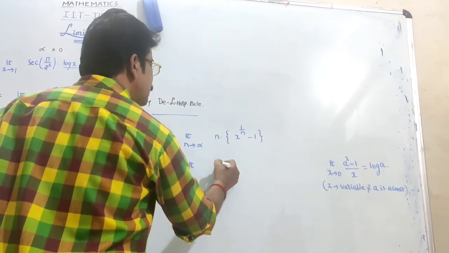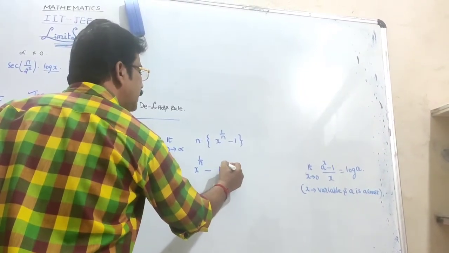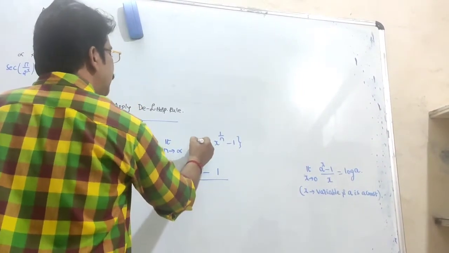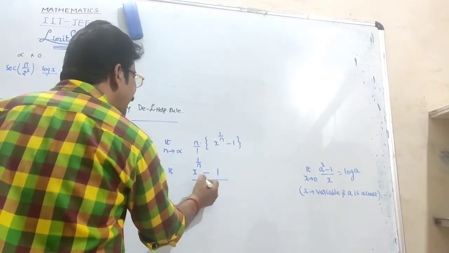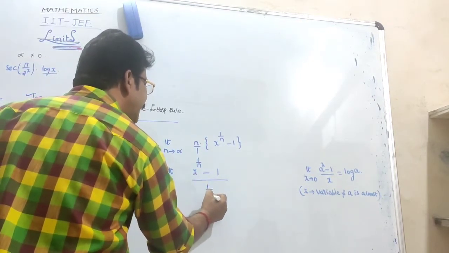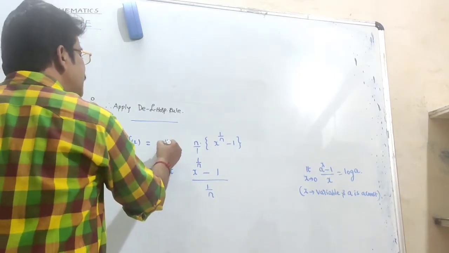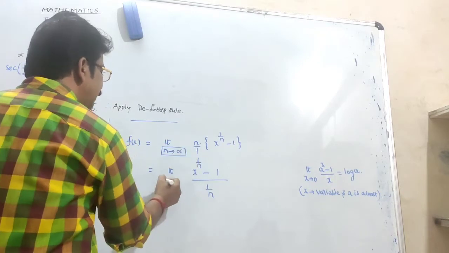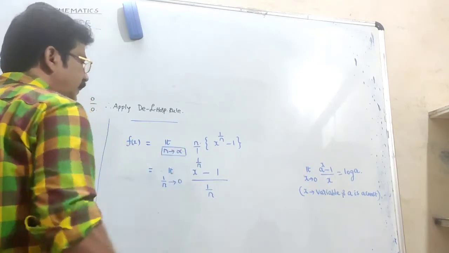It is x to the power of 1 by n minus 1 divided by, n by 1 can be written as 1 by n. As n tends to infinity, it is equivalent to say that 1 by n tends to 0.